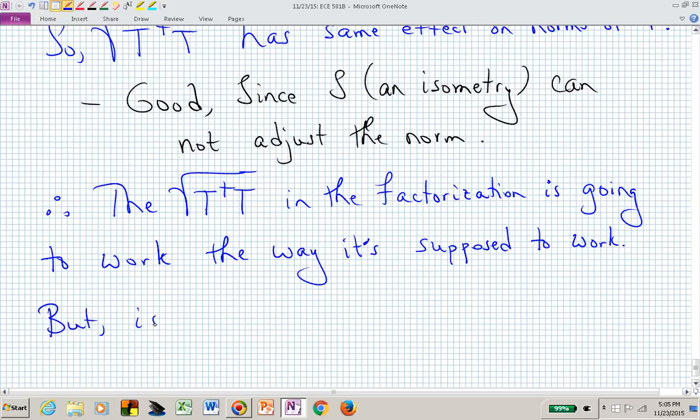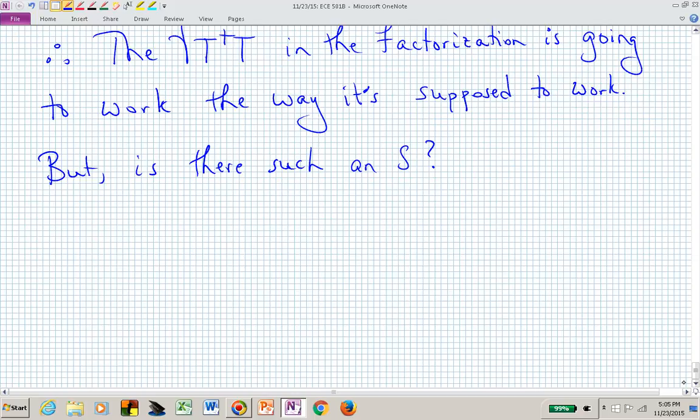But is there such an S? Is there an isometry that allows us to conclude that we can factor this linear operator T into this isometry and the square root of T dagger T?